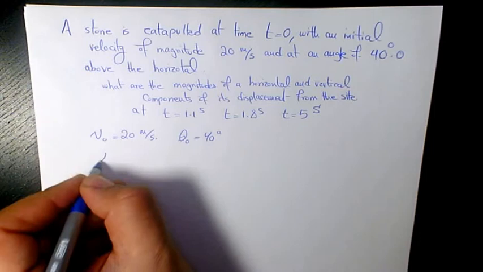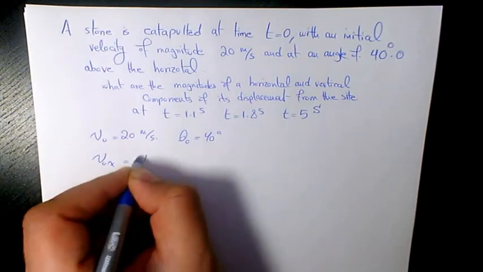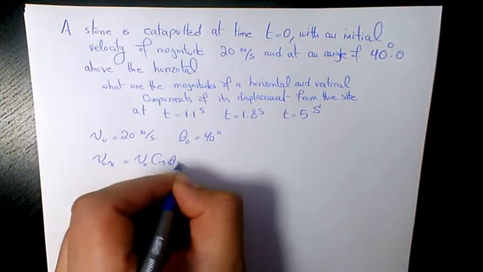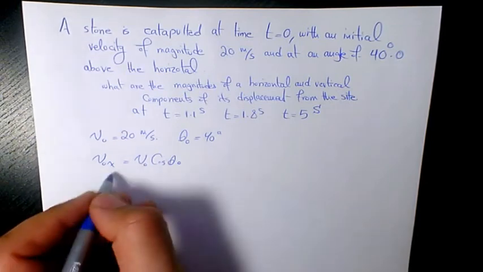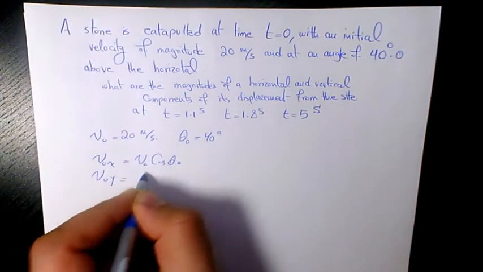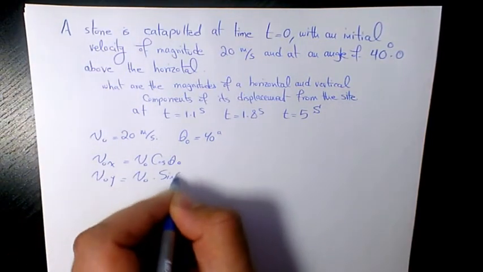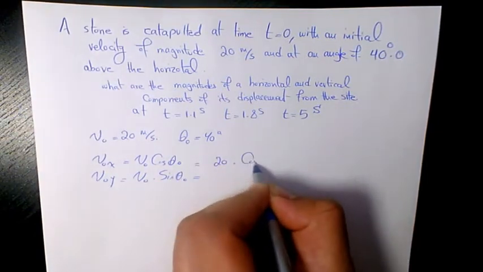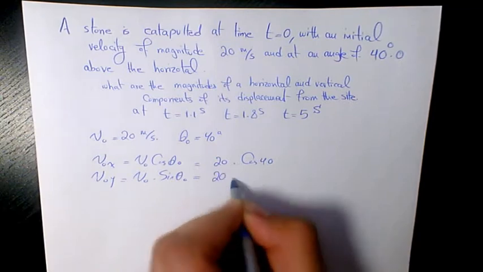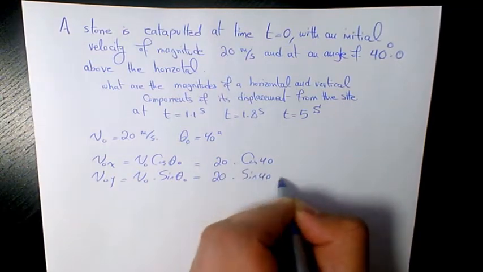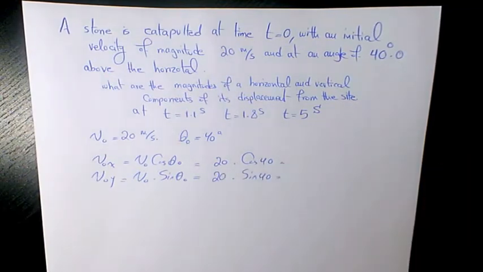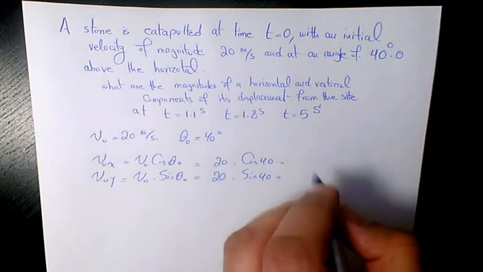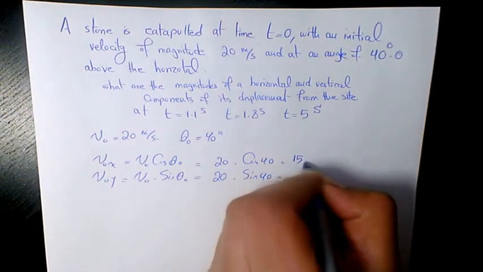So we can say v naught x equals v naught cosine theta naught, and v naught y is going to be v naught times sine theta naught. So we have 20 times cosine 40 and 20 times sine 40, which is 15.32.